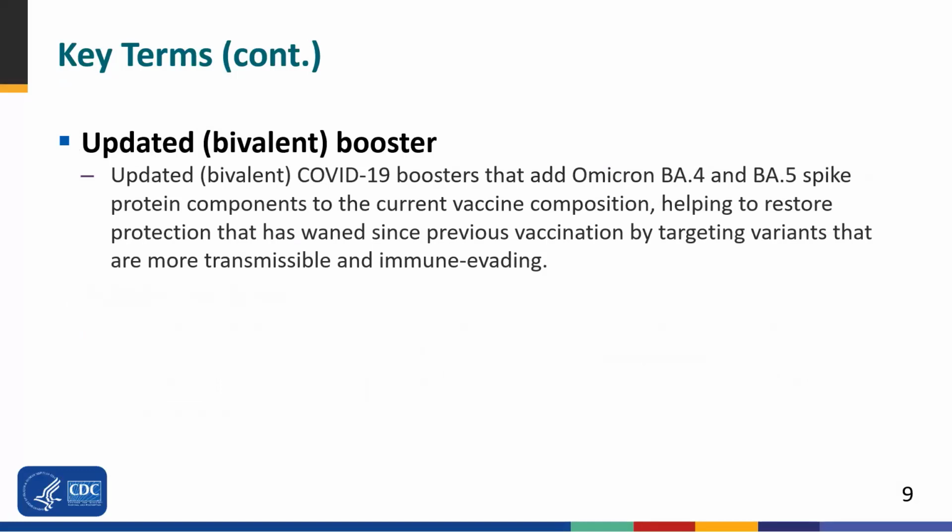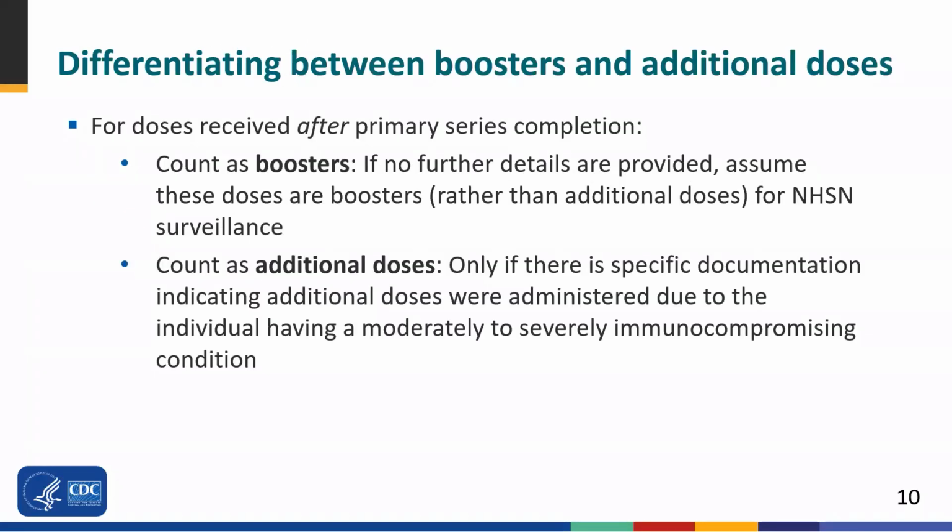We will now discuss the updated bivalent booster dose. An updated bivalent booster dose targets Omicron variants in addition to the original COVID-19 variants. Now we will go over an important point about data reporting.